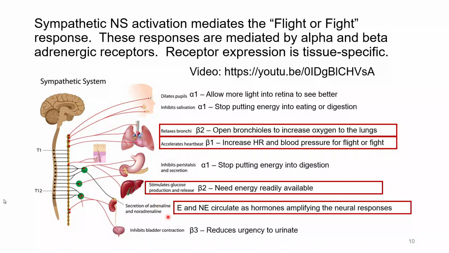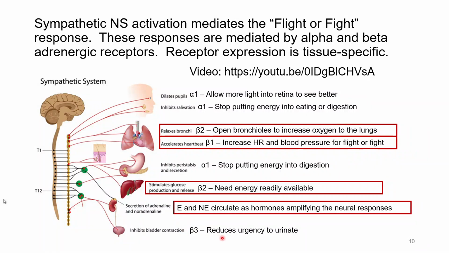So we've got here the main receptors that are mediating the fight or flight response. Both norepinephrine and epinephrine are going to be released from the adrenal gland in order to amplify these responses, since they're going to be binding to these same receptors and will amplify the responses by the neurons.